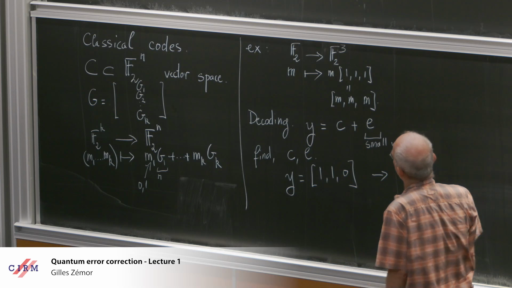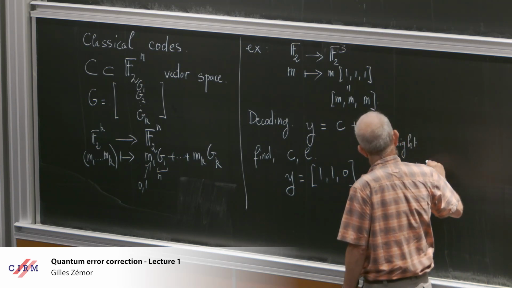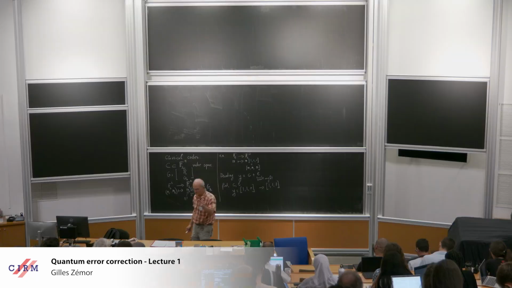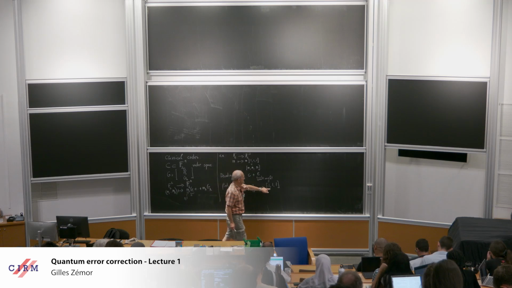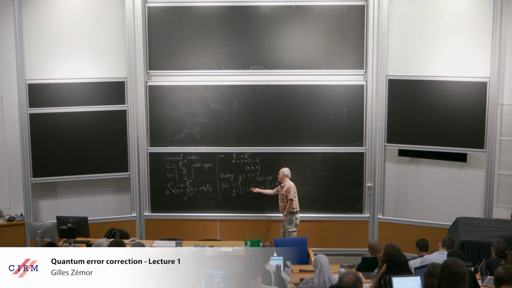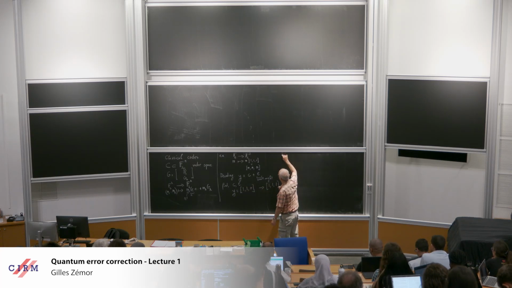Well, there are only two possible choices, and you see that the best choice is to consider the all one vector. You only need to change one bit to get to a code word, the all one vector. If you try to get to the all zero vector, you need to change 2 bits.